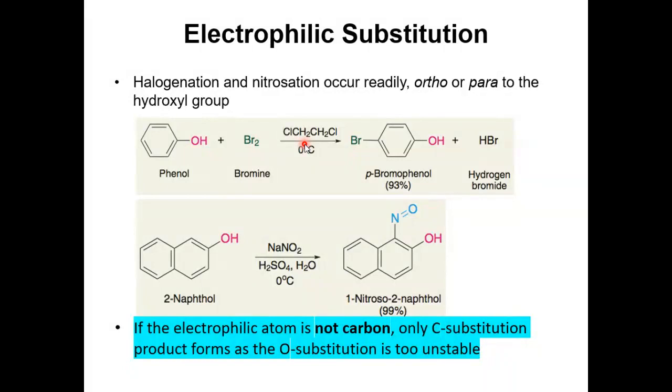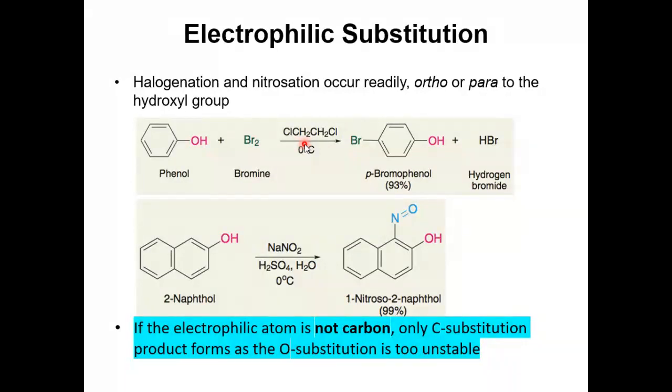Activating group. It's actually a very powerful activating group. So this halogenation is like 1,000 times faster than benzene itself. So if you don't use this non-polar solvent and cool down, this reaction could go very, very fast, and the increased reaction temperature can lead to side reactions and polyhalogenation.